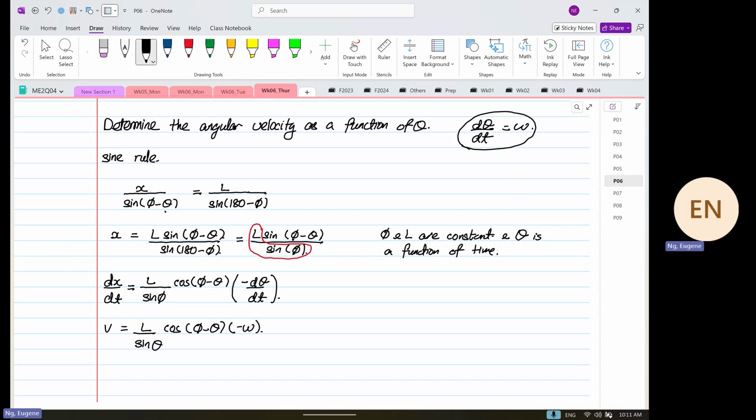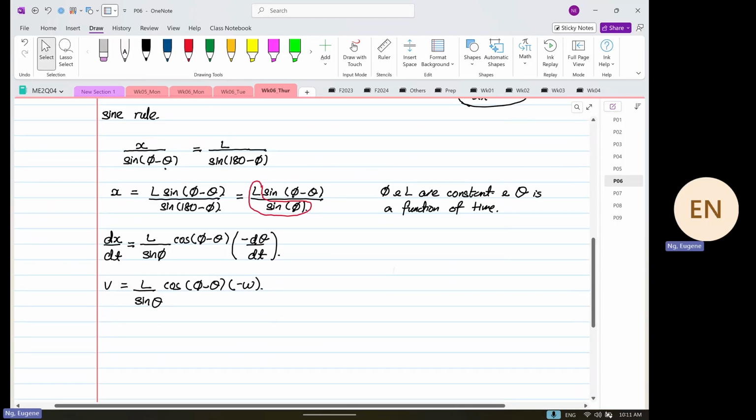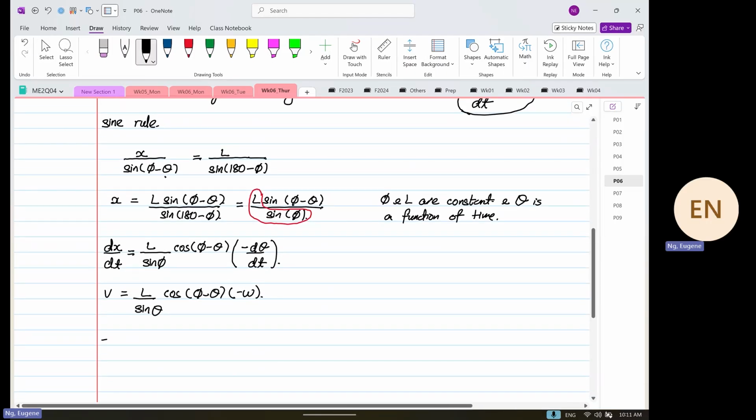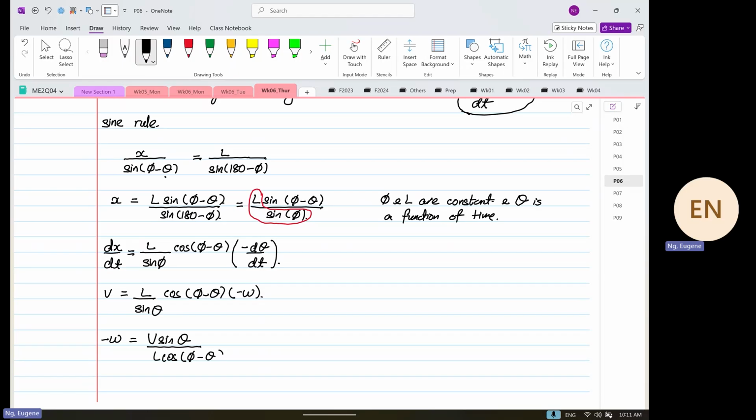We want to find out our omega, so minus omega is equal to v sine theta over L cos of pi minus theta.